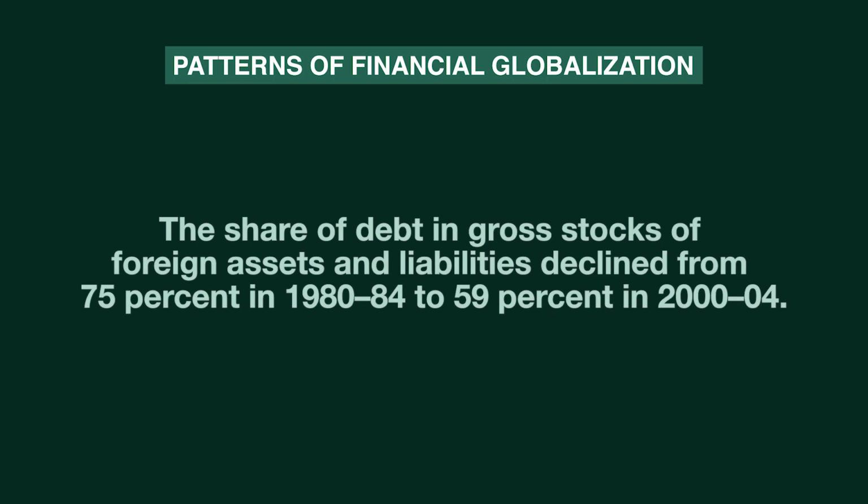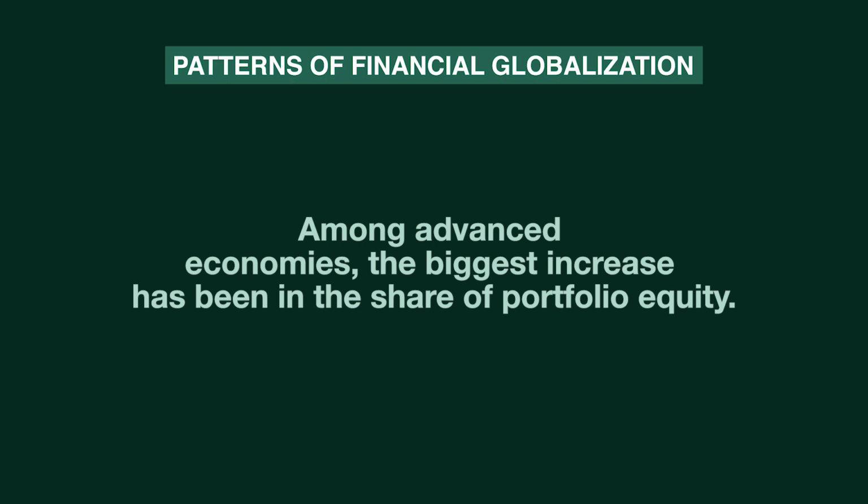The share of debt in gross stocks of foreign assets and liabilities declined from 75% in 1980-84 to around 59% in 2000-2004. Amongst the advanced economies, the biggest increase has been in the share of portfolio equity.